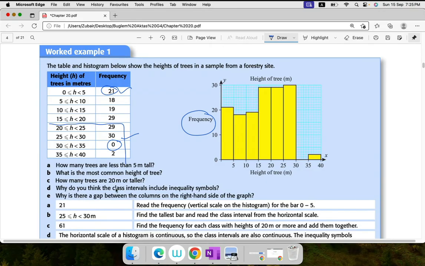Why do you think the class interval includes inequality symbols? Because it can either be that number or above, because it needs to end at a certain point. That is one answer. The other is that we do not have the exact data.